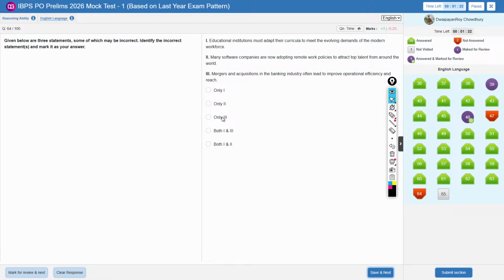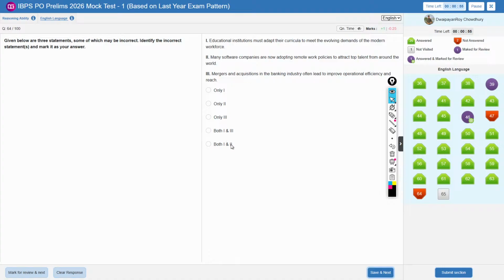Which one is incorrect? Education institutions must adapt their curricula to meet the evolving demands of the modern workforce. Many software companies are now adopting remote work policies to attract top talent around the world.